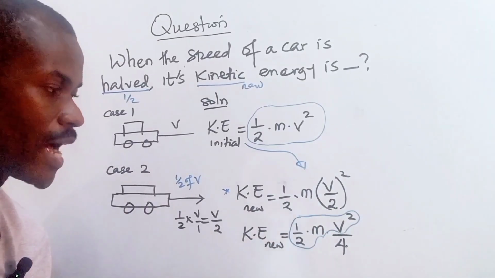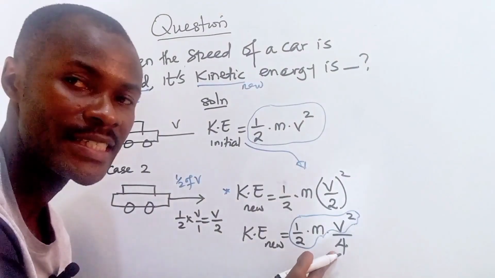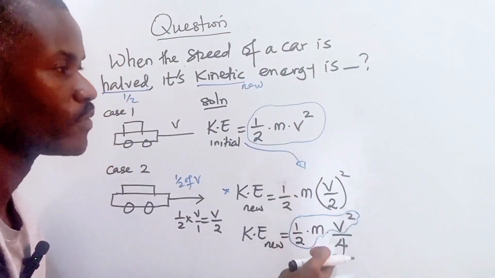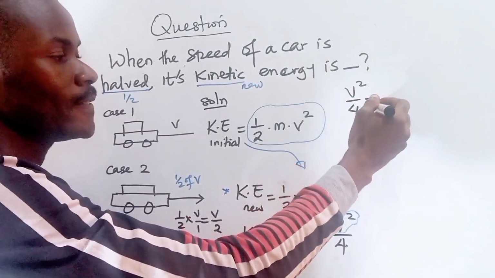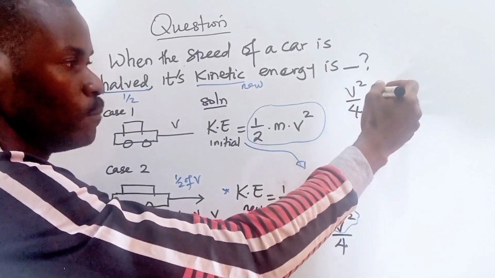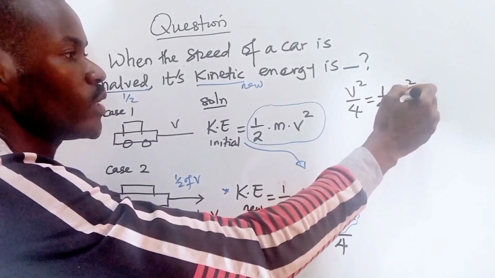So how do we simplify this further? We can see that V squared over 4 we can write in terms of a fraction: 1 over 4 times V squared over 1.